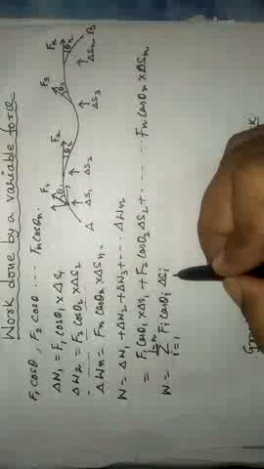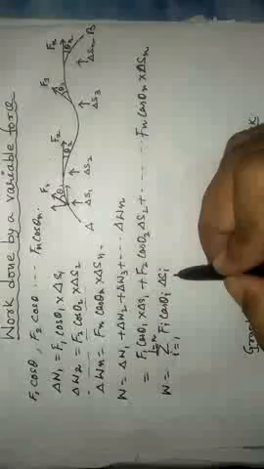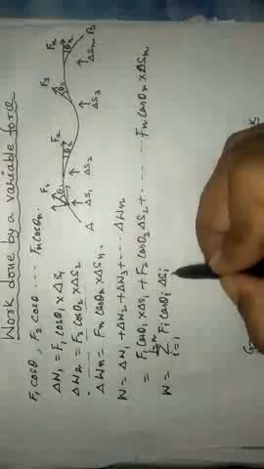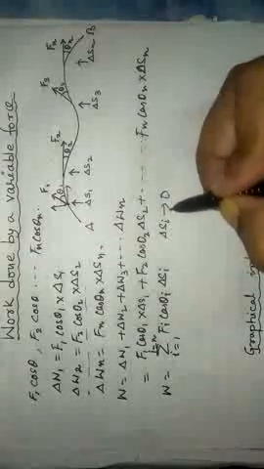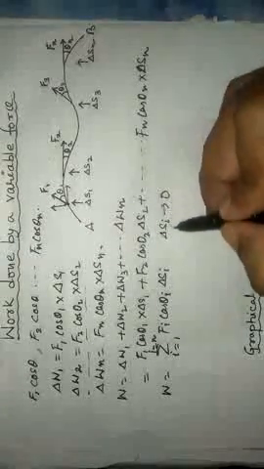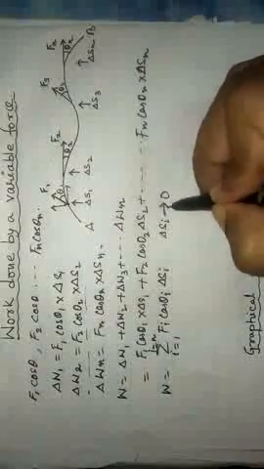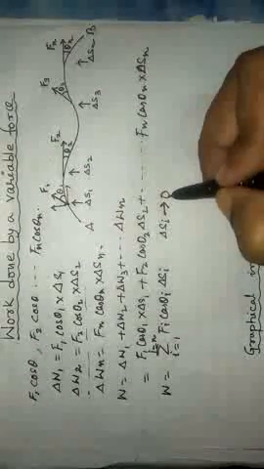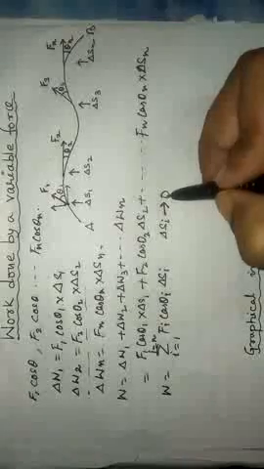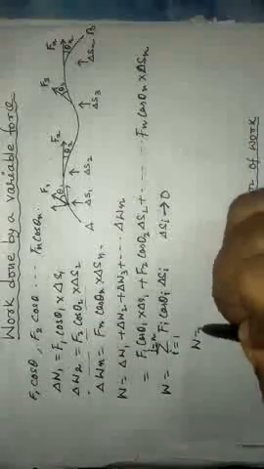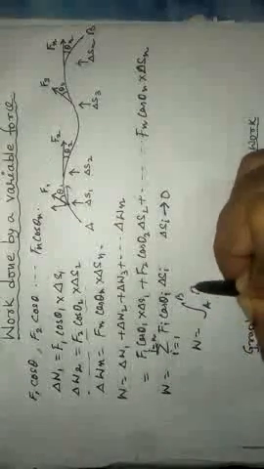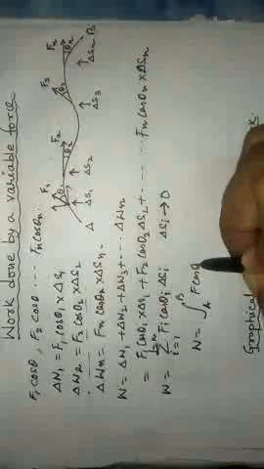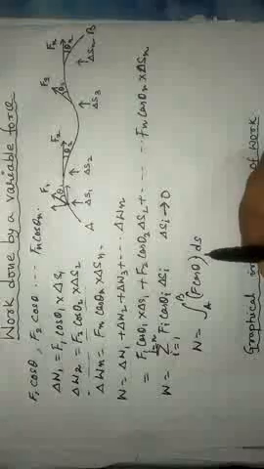Now if the length of the segment is chosen to be small, that is, delta Si tends to 0, meaning the displacement is close to 0 but not 0, then we can write W is equal to the integration from A to B of F cos theta ds.